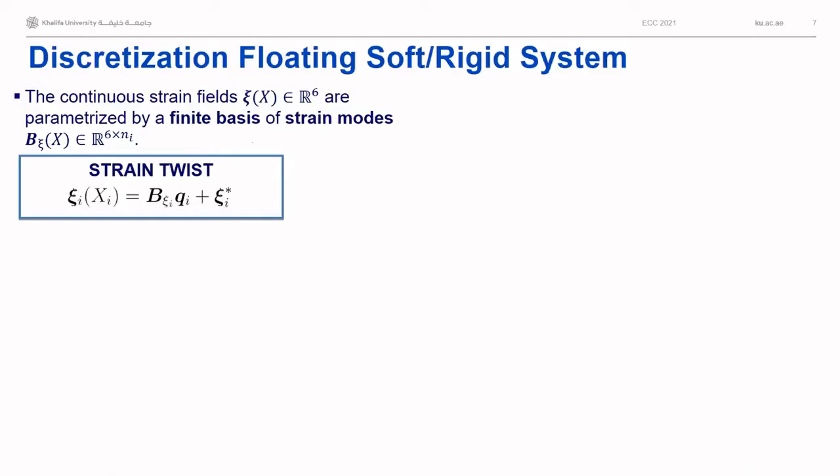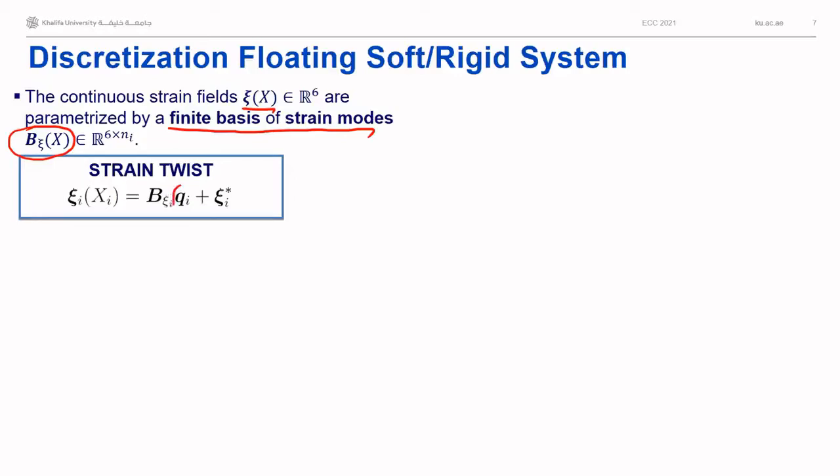All right, let's now come back to our variable strain field for the general soft link case. In order to parameterize this variable strain link, we use a finite basis of strain modes represented by this matrix, big C. So the strain is parameterized with this basis.